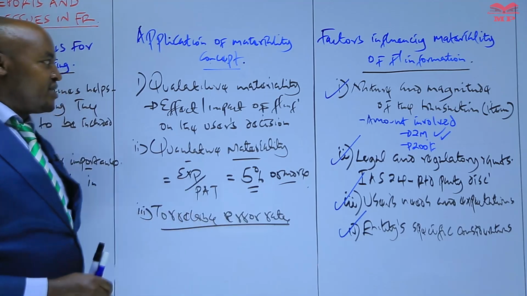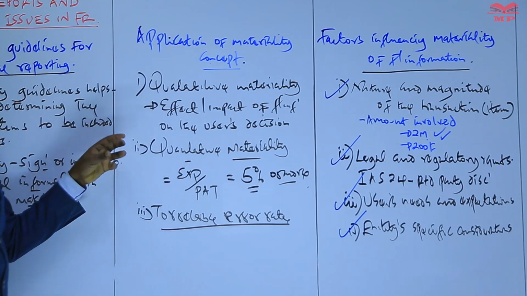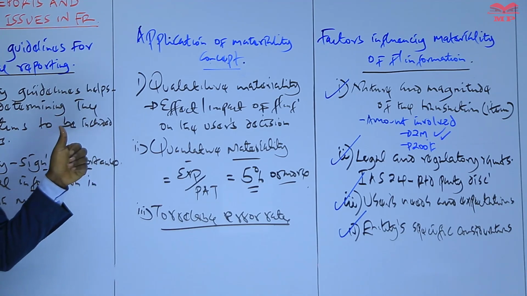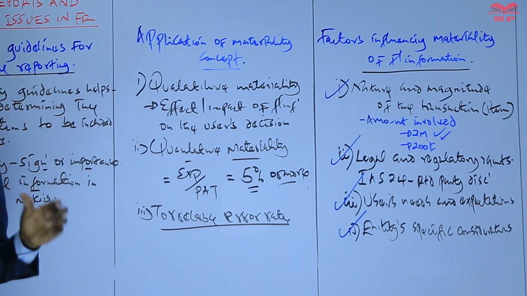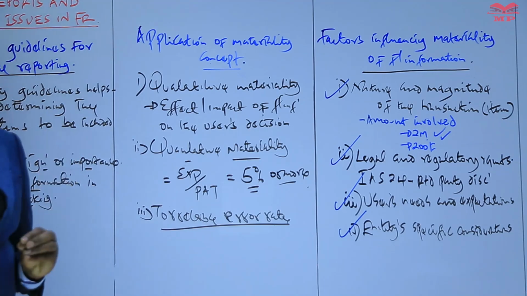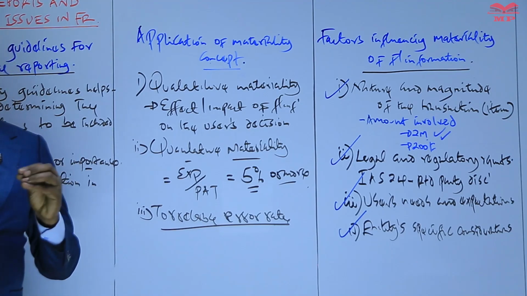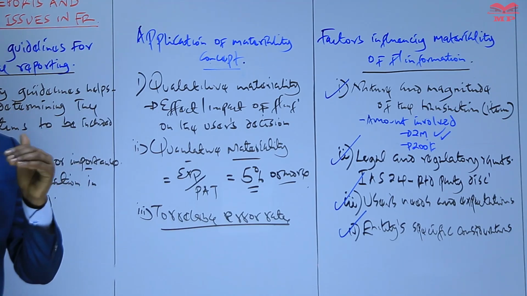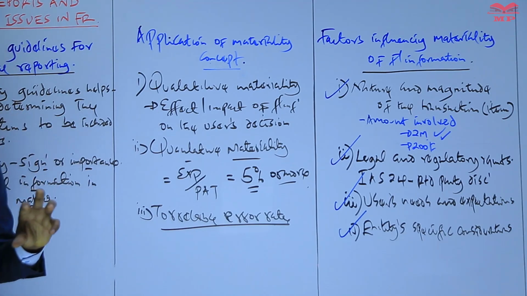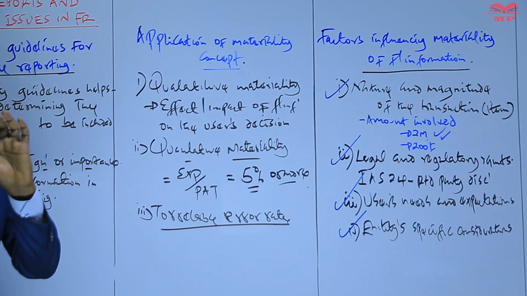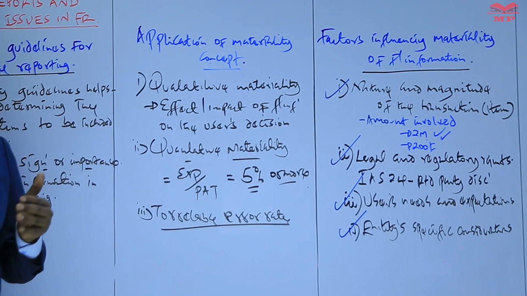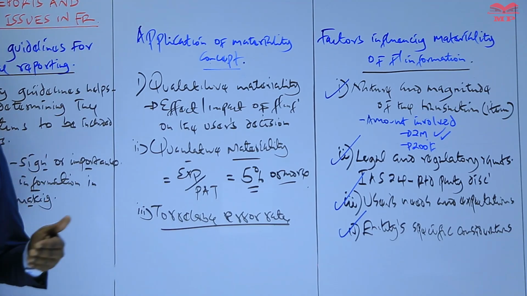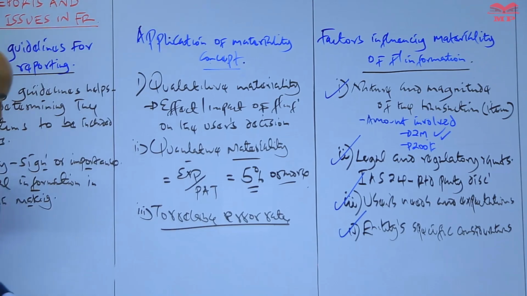So these are various concepts which are used by entities to determine whether an item is material or not. This concept is very important because it helps entities determine which information must be included in the financial statement based on its impact on the decisions made by the various users.